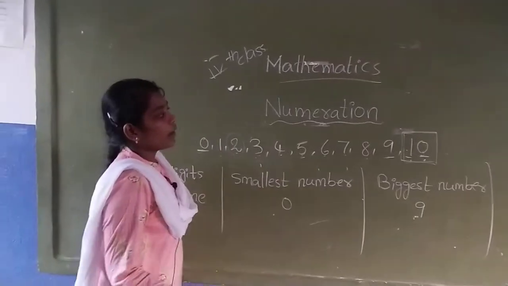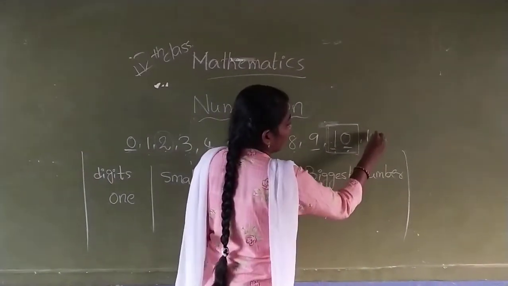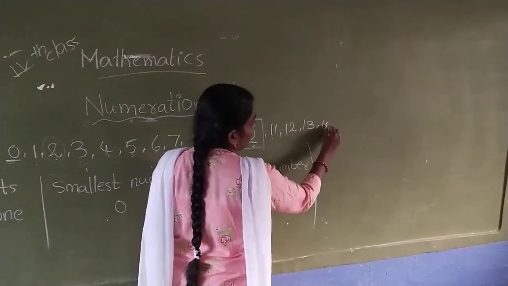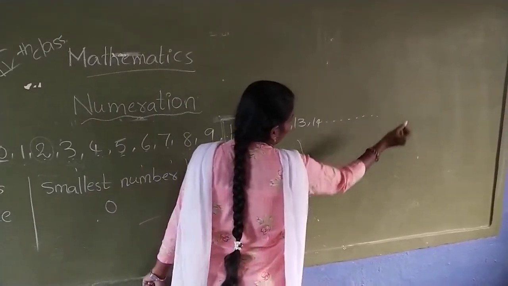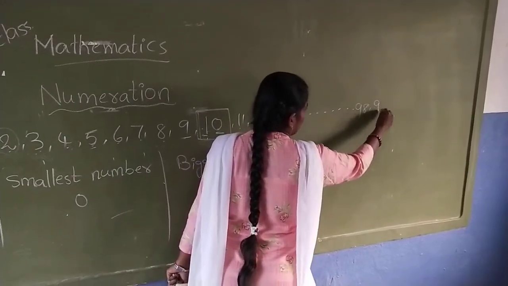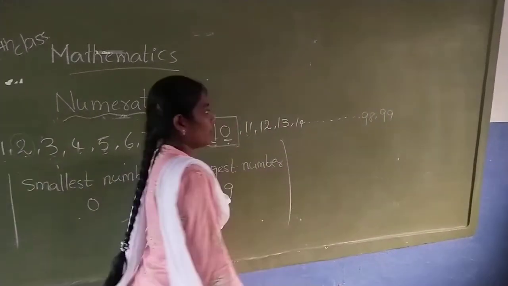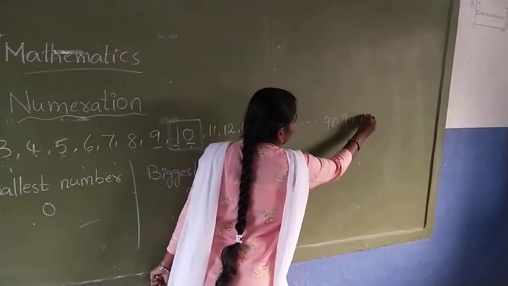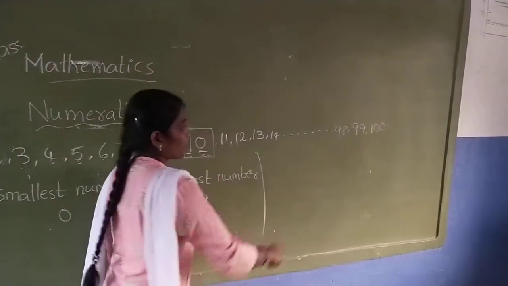In the same way, after 10, 11, 12, 13, 14, like this we have 98 and 99. After 99, this is 100.